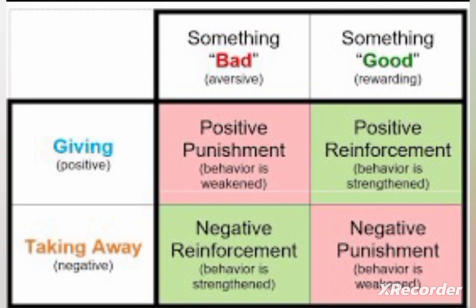If the person is showing inappropriate behavior, at that time we are omitting the training or causing loss of reinforcement. So what happens? The behavior is weakened. So those are Skinner's scientific terms. Okay, positive reinforcement and negative reinforcement, positive punishment and negative punishment.